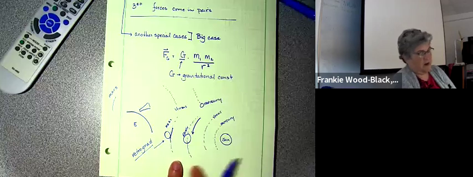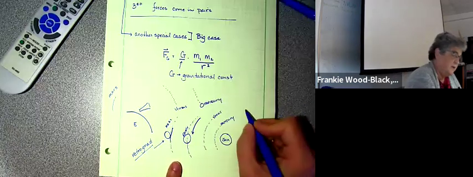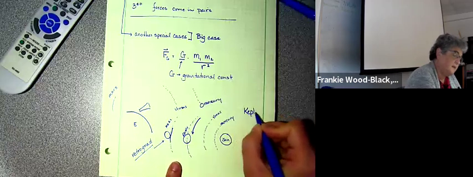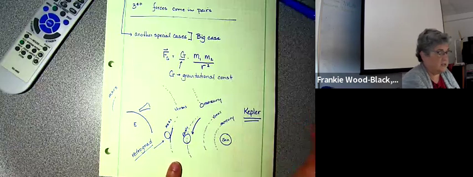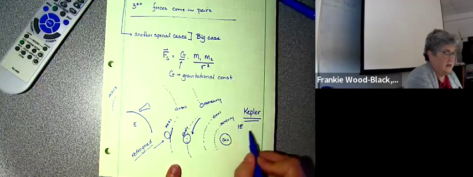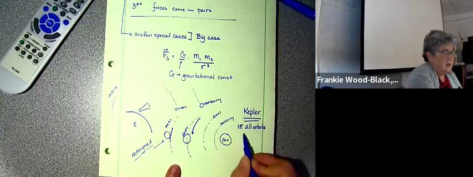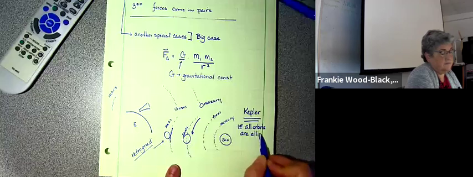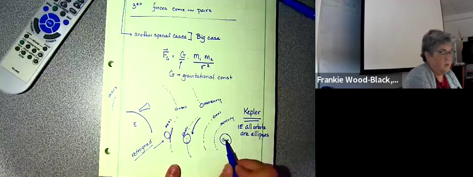And our astronomer friends were trying to understand this. And so that's where we get Kepler and Kepler's laws. We come up with Kepler's laws, and Kepler has 3 laws. The first law for Kepler is that all orbits are ellipses around the sun, with the sun being at one focus.